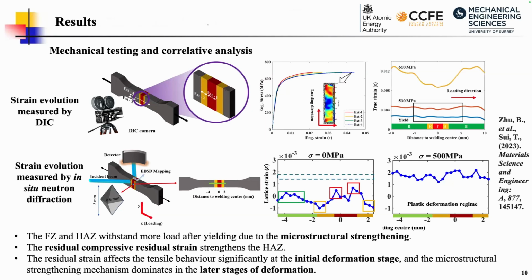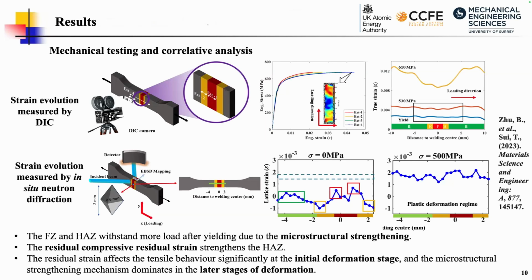And at the higher stress levels, which is over yield stress, where there is large deformation, we can find the residual stress effect is not that distinct, and it's most likely the microstructure dominates the deformation mechanism. And the same phenomenon can also be found in the neutron diffraction characterization.